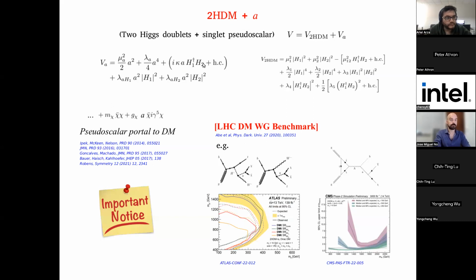The model put forward in this paper, which was trying to address the galactic center excess with a renormalizable model, is precisely this very model. I think these last two terms, a squared h1 squared and a squared h2 squared, were just not there because they didn't need them, but they are there by gauge invariance.